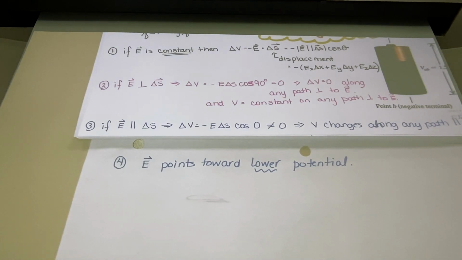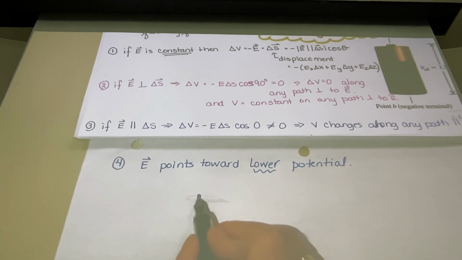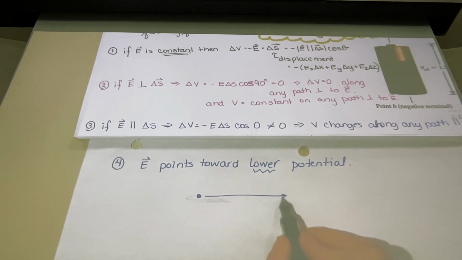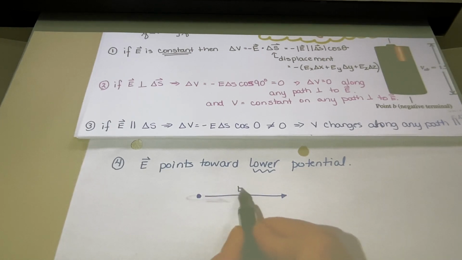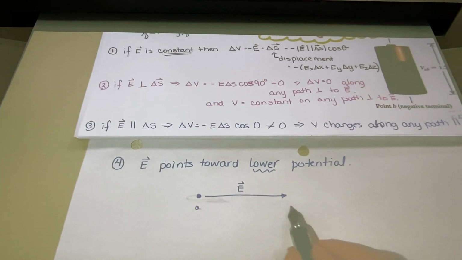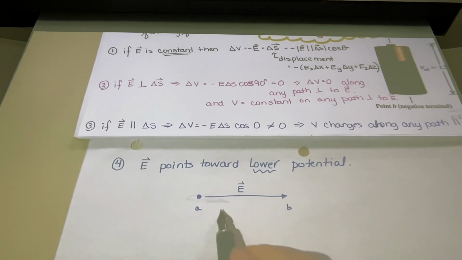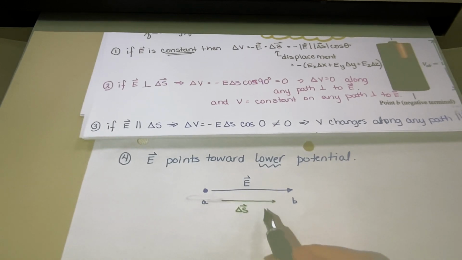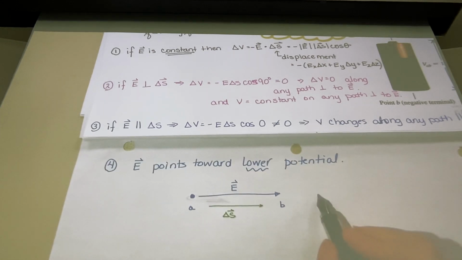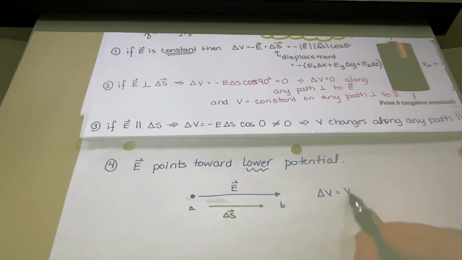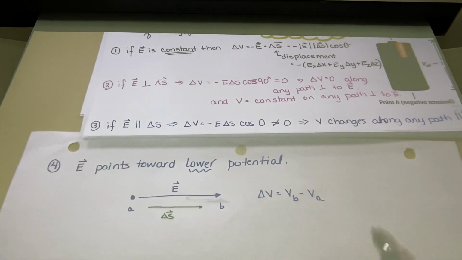If we want to see how that works, let's imagine we have an electric field that points from point A to point B. So here's our electric field vector. There's point A, there's point B. And let's say we go along some path from A to B, delta S. It's parallel to the electric field, so there is going to be a change in potential. Our change in potential, delta V, is our final potential B subtract our initial potential A, so VB minus VA.